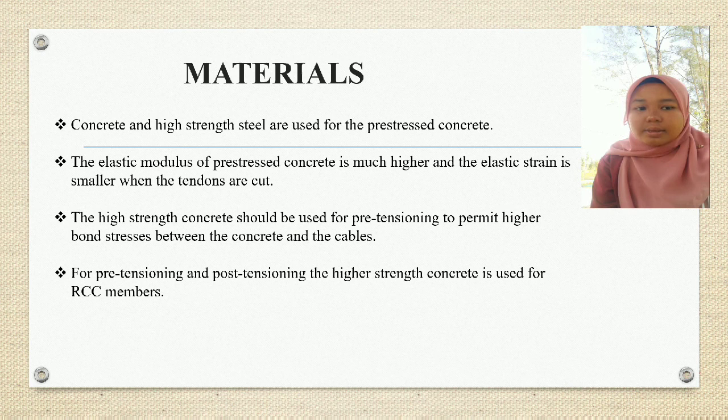Next, the highest strength concrete should be used for pretensioning to permit higher bond stress between the concrete and the cables. And last, for pretensioning and post-tensioning, the highest strength concrete is used for RCC members.